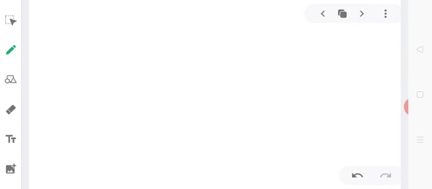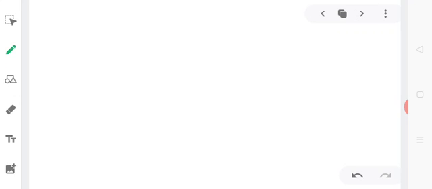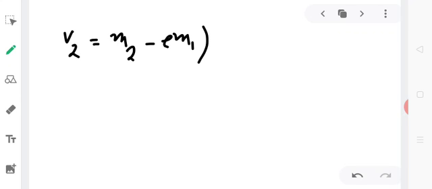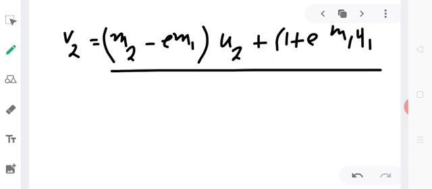Similarly, by eliminating v1 from this equation, we can obtain an expression for v2 as [(m2 minus e times m1) u2 plus (1 plus e) times m1 u1] divided by (m1 plus m2).